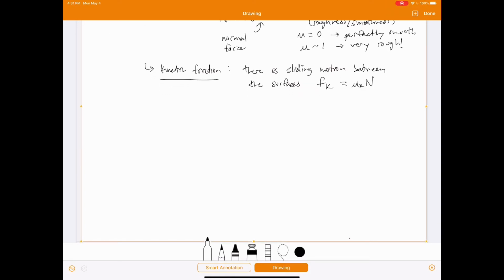Okay, so those are the different types of forces that I want us to think about. The next thing I want us to think about is circular motion. So let's say we have an object that moves in a circle at a constant speed. This object is accelerating.